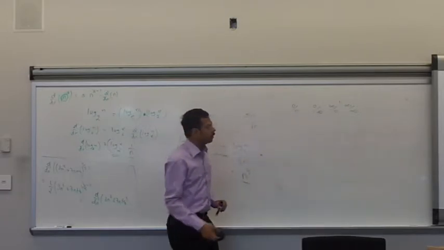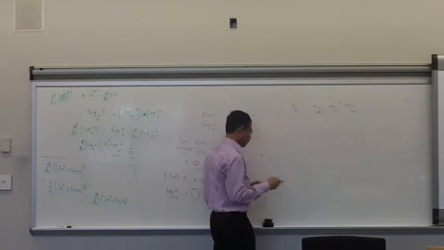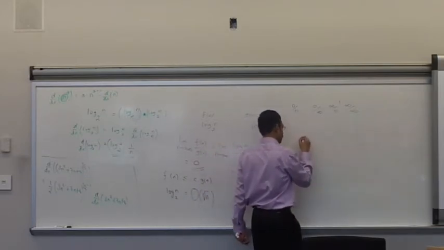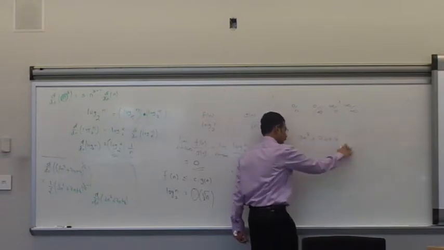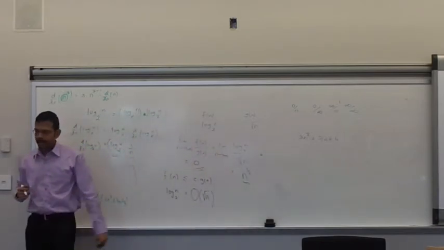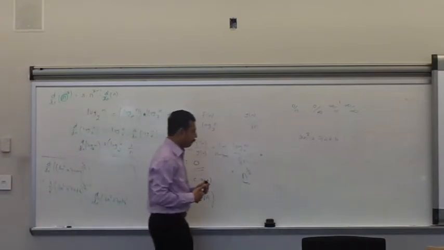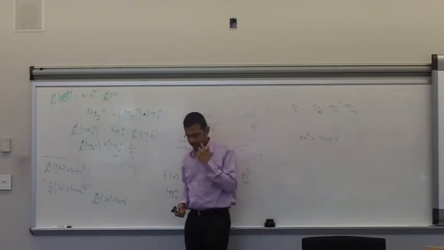Okay? So we'll start with some simple stuff and then we'll do the other ones. Let's take up this expression that we have: 3n squared plus 7n plus 4. Now what I'm going to do is write each of these as a theta.